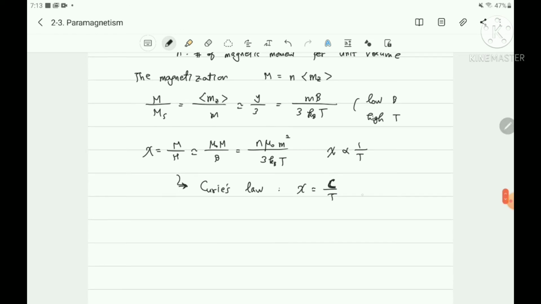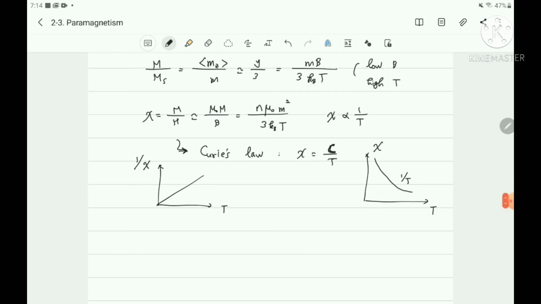Therefore, in the paramagnetic case, chi shows a 1 over T dependence. In other words, when you plot 1 over chi versus T, there should be a linear dependence.